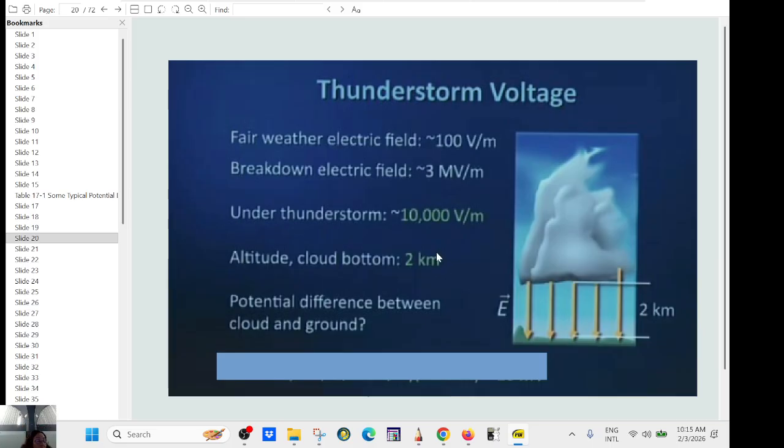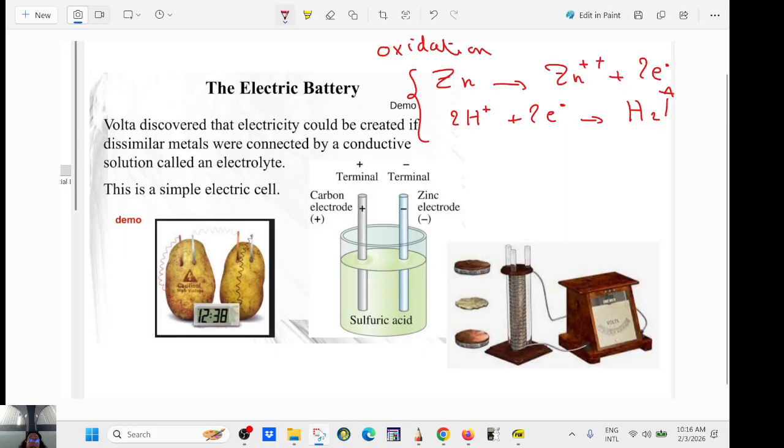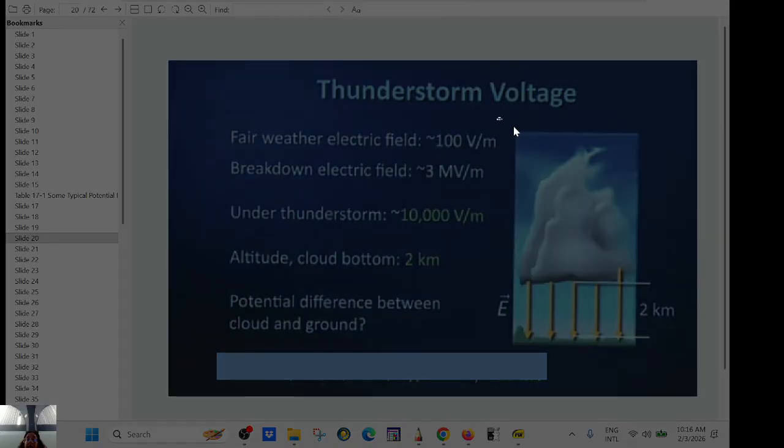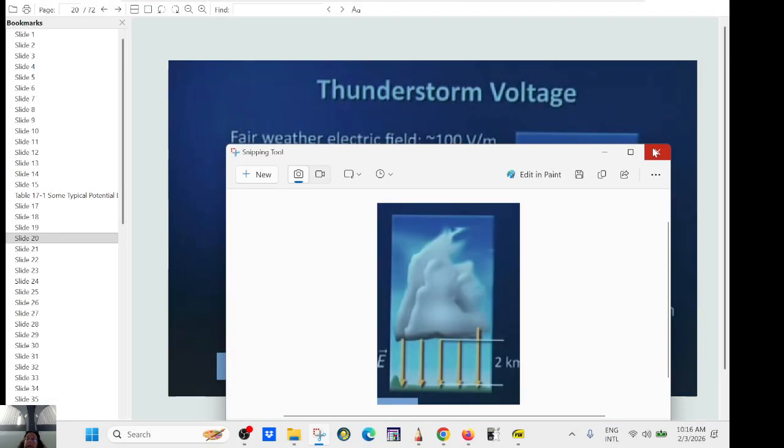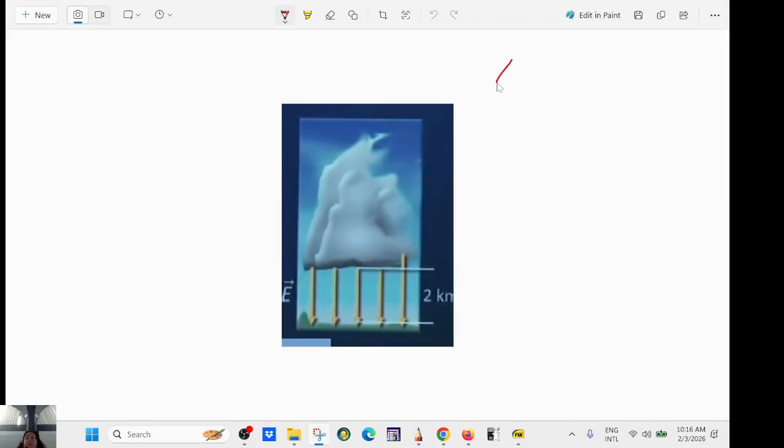Ouch. 20 million, right? So 10,000 times 2,000, 20 million volt between here and there. Are you with me? Do you agree? Okay, you just have to use the equation.